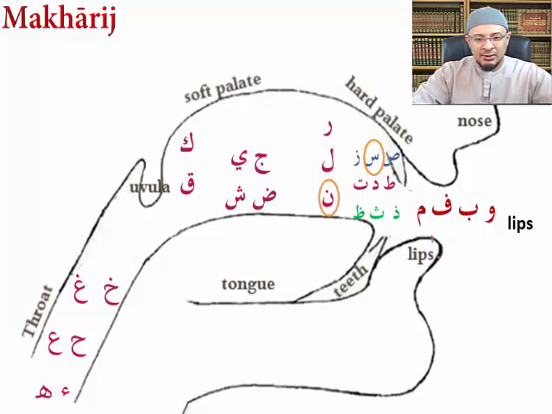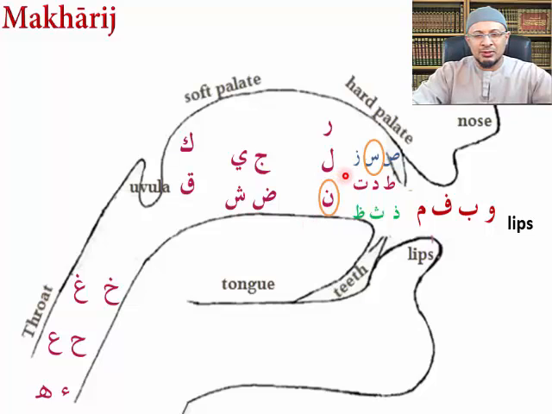The next letter is the letter Noon. The letter Noon's makhraj is again the front part of the tongue, but it touches the hard palate. It's similar to the location of the Ra, but the phonetics is a bit different. So the Noon is the front part of the tongue and the hard palate, and we'll look into that in more detail.